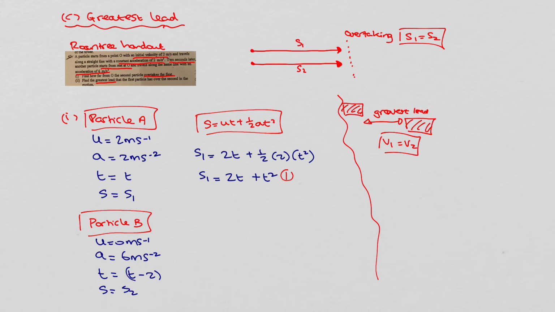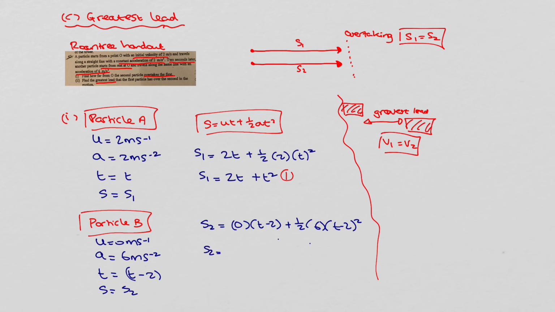So again, subbing into S equals ut plus a half at squared, we get S2 is equal to 0 times the time plus a half times a times t squared. So again, be careful here, we're squaring our time. So I suppose actually if I just go back up to that previous line, just so we don't make a mistake here, make sure t is inside the brackets.